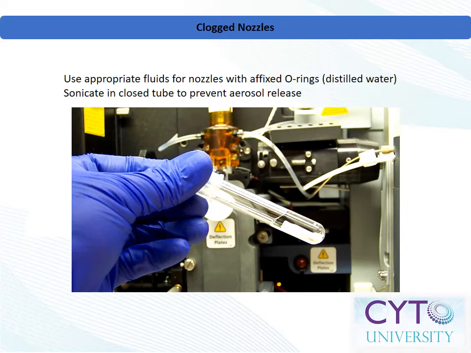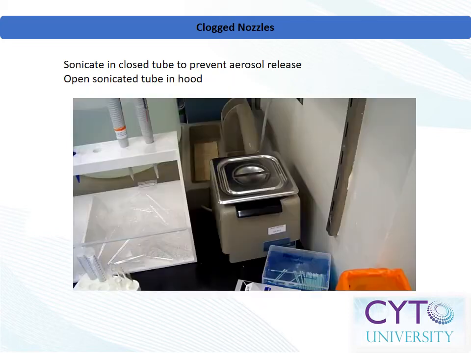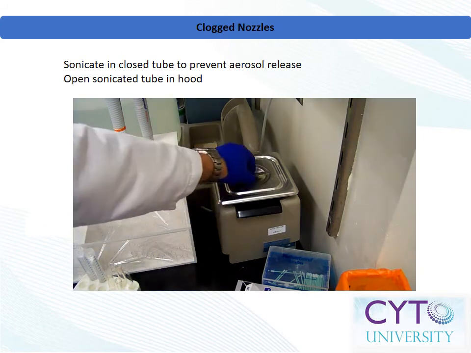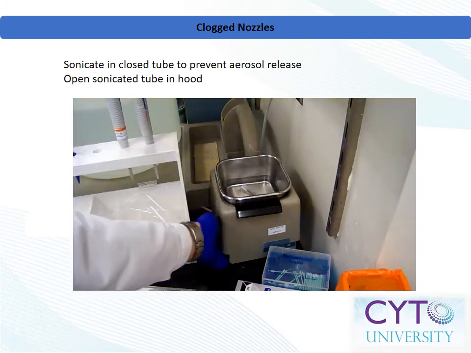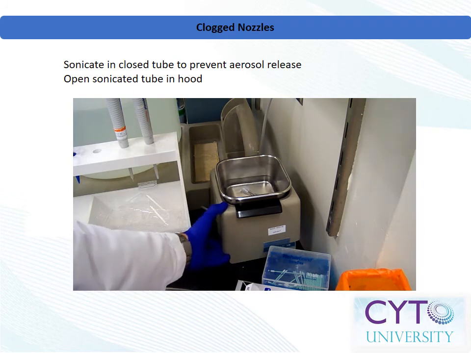For certain nozzles which have affixed O-rings, it is important not to use any detergents or harsh cleansers which may dissolve the nozzle's O-ring adhesive. Cap the tube and place the entire tube into a water bath sonicator. Run the sonicator for 30 seconds or longer to dissolve the clog.